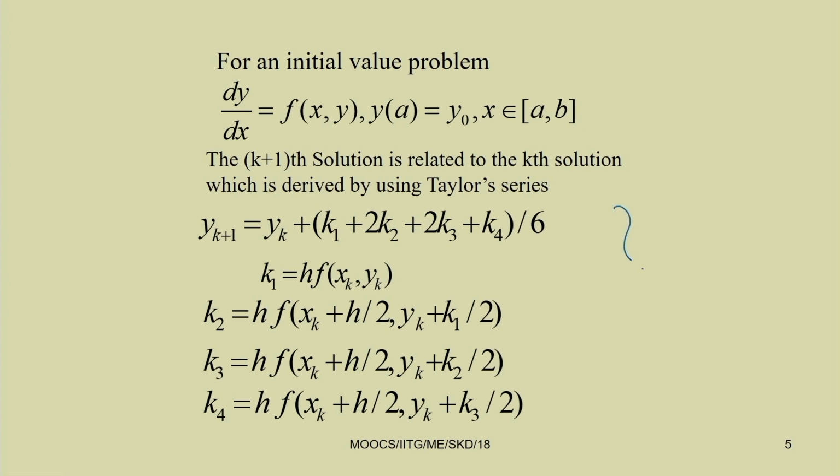You can write the solution in this form: y_{k+1} = y_k + (k1 + 2 k2 + 2 k3 + k4)/6, where k1 = h f(x_k, y_k), k2 = h f(x_k + h/2, y_k + k1/2), k3 = h f(x_k + h/2, y_k + k2/2), and k4 = h f(x_k + h, y_k + k3), where h is the time interval.